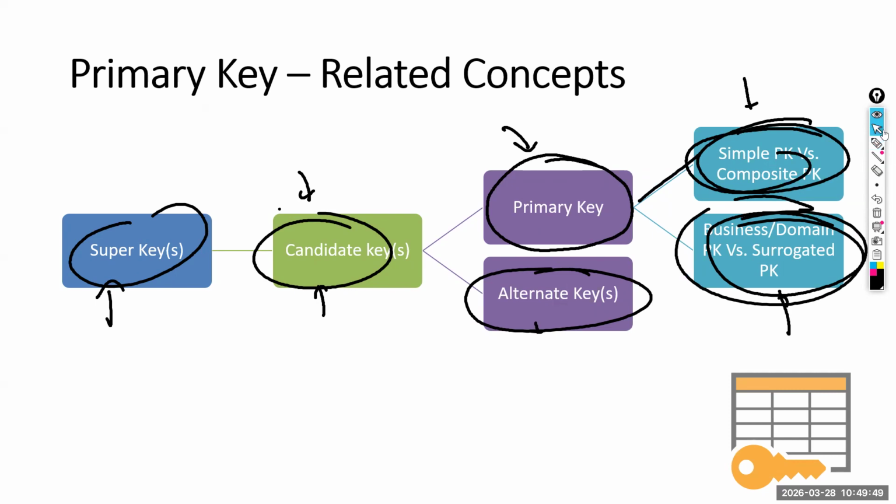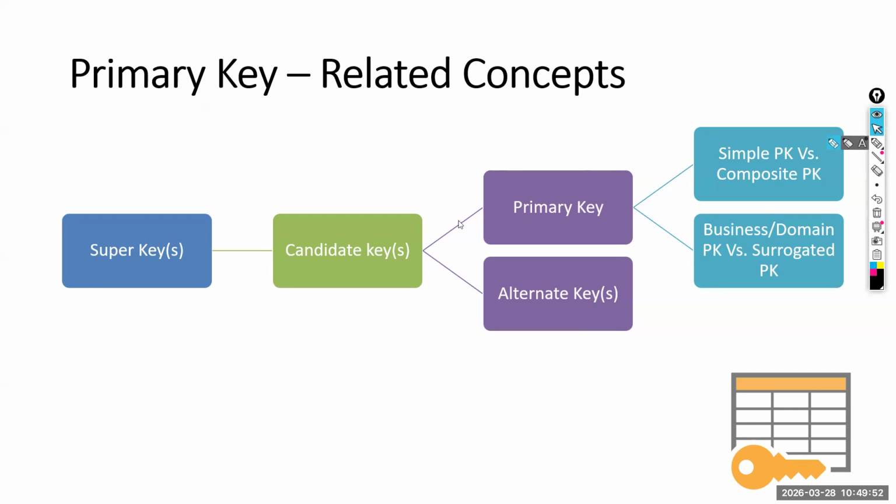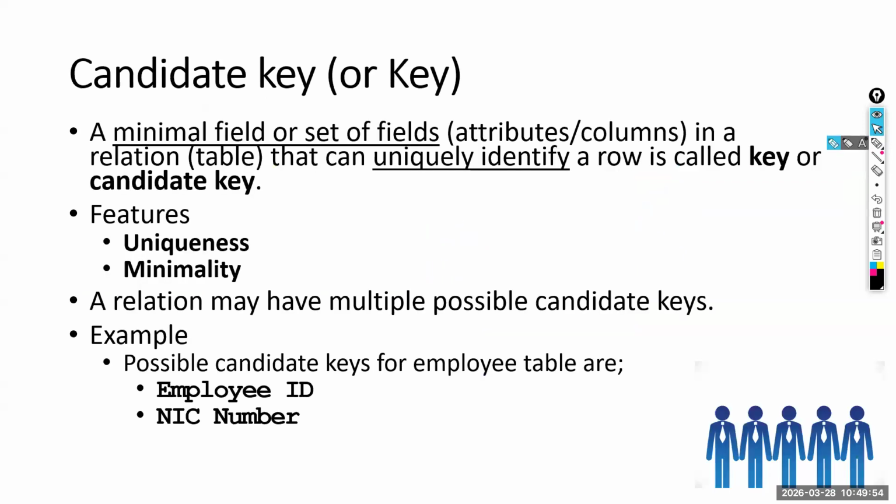Okay, so let's look at them one by one. Candidate key, or sometimes we just call it a key. A candidate key is pretty much the same as an identifier. It is a field or set of fields that we can use to uniquely identify a record. It's a candidate, like a candidate in an election.